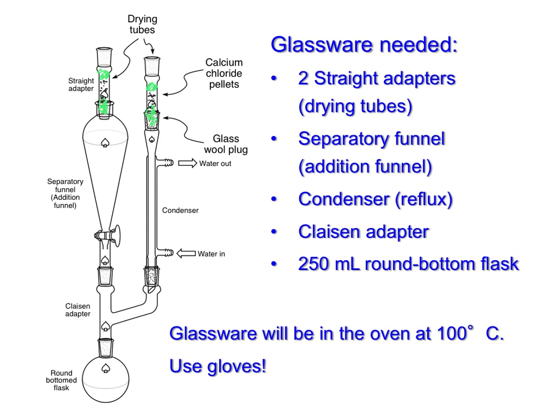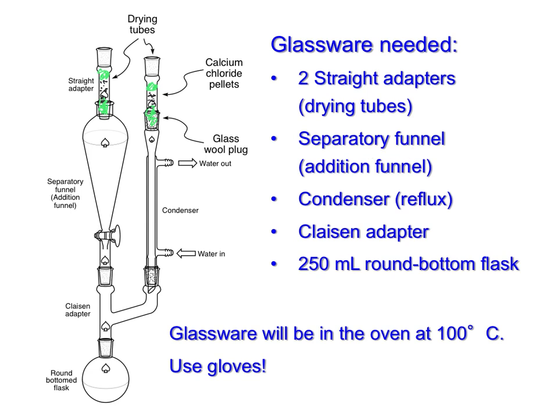Anhydrous calcium chloride will absorb water. So if any air gets pulled into the apparatus, it has to pass over the calcium chloride, and we hope it absorbs any water from the humidity in the air. Like as we're draining our separatory funnel, air has to come in. We want to trap the water here before it gets into here.